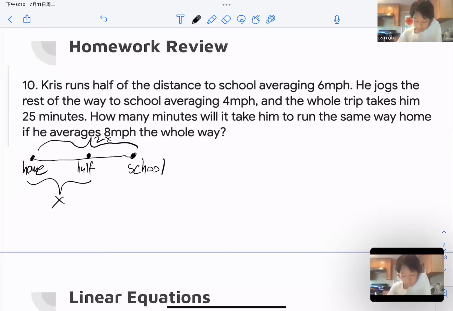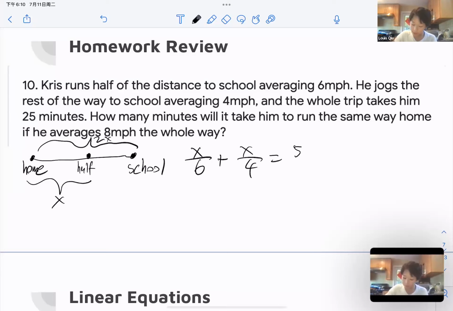So it would take x over 6 hours to go from home to halfway, plus x over 4 to go from halfway to school. This equals 25 minutes, which is 5 over 12 hours. Solving this equation gives us x equals 1 mile. So the whole way from home to school is 2 miles.